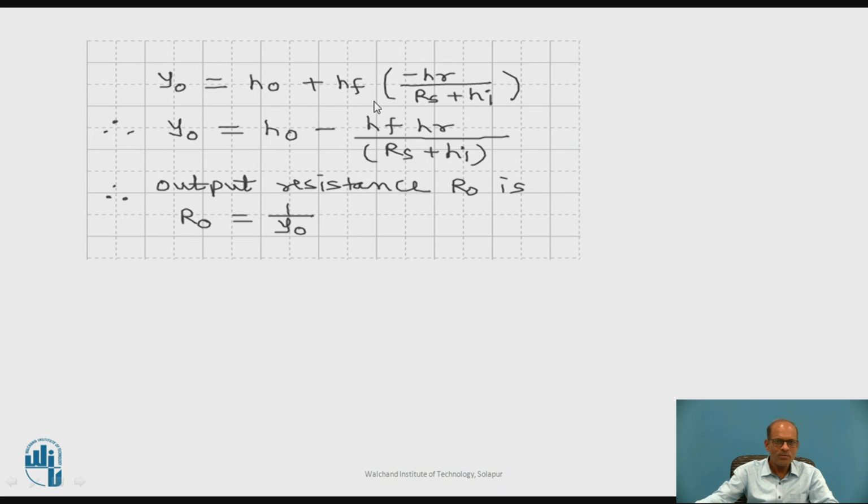So Yo is equal to ho plus hf times minus hr upon Rs plus hi, and therefore output admittance Yo equals ho minus hf hr upon Rs plus hi. Output resistance Ro is the reciprocal of output admittance, so Ro is 1 by Yo, where Yo is given here.